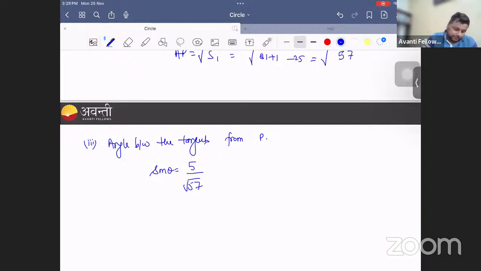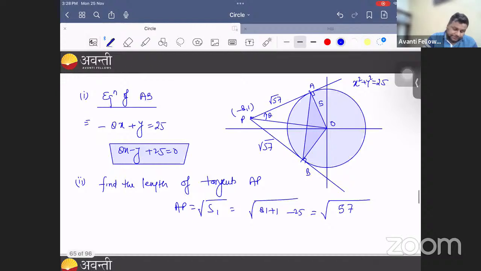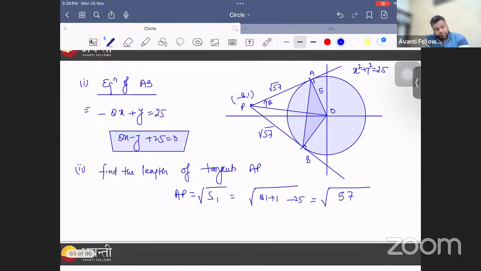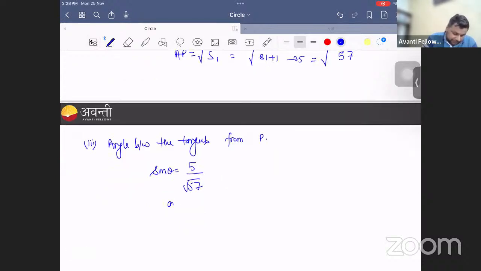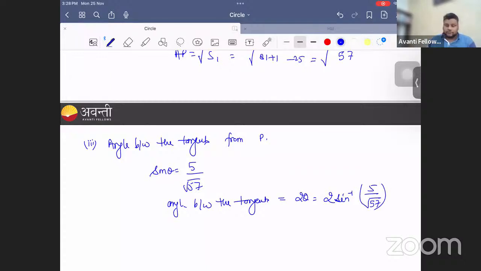So this is your sine theta. So the angle between the tangents is 2 theta, which is 2 sine inverse 5 upon root 57. Got it?